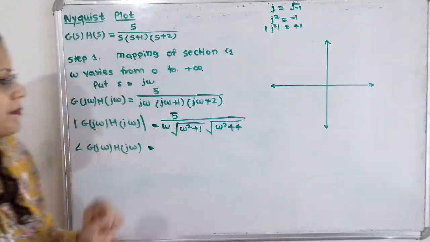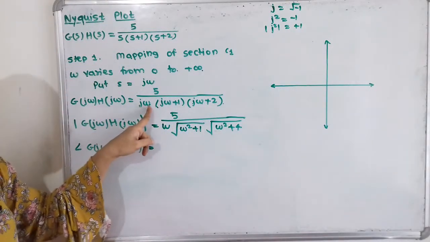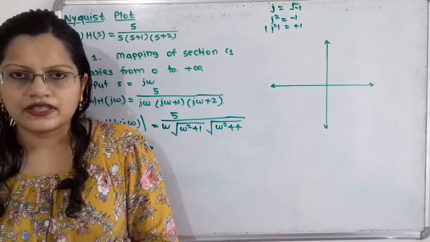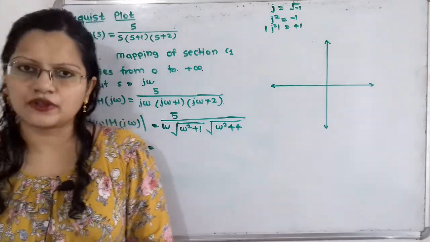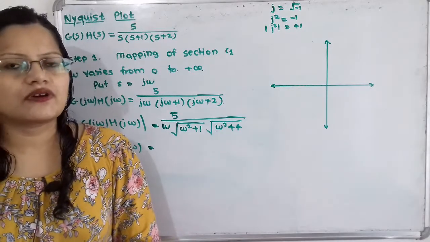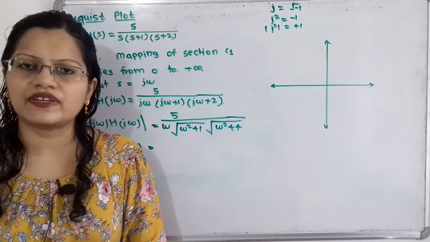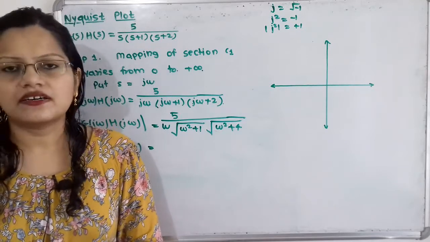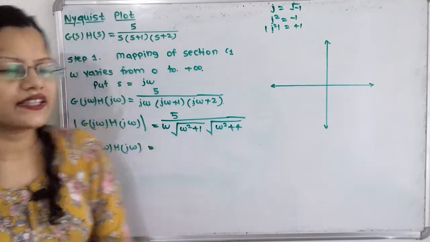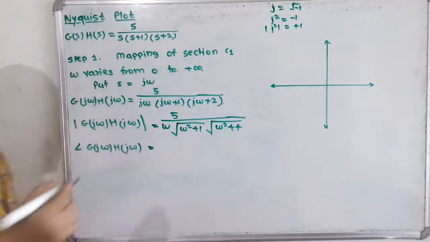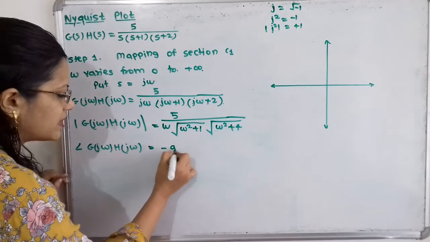So imaginary part is here, that is omega, but real part, that is no real part, that is we will say 0. So omega upon 0, that is equal to infinity, and what is the value of tan inverse of infinity? That is 90 degree. So for this 90 degree, because of minus tan inverse, we will say minus 90 degree. So I will write here minus 90 degree.